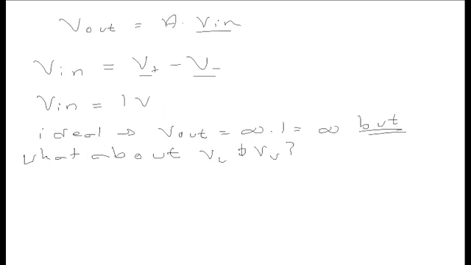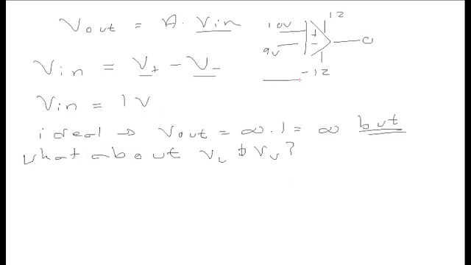At this point, let me draw an op amp in the top of the page. Let's say this is 10 volts and that's 9 volts. Let's put some numbers to this. Let's say this is 12 volts and this is negative 12 volts.